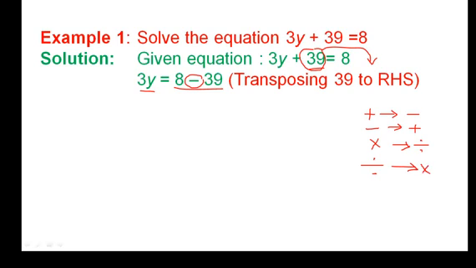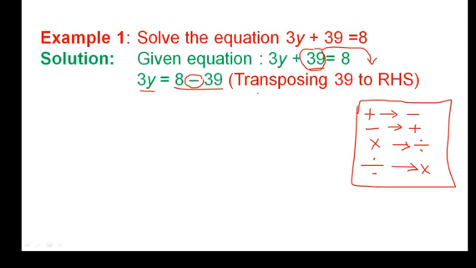So we have to know these four. When we are transposing left side values to the right side, we get it like this. If you transpose a right side value to the left side, it is the same thing. Plus becomes minus, minus becomes plus, into becomes divided by, divided by becomes into. So here plus 39 becomes minus 39.